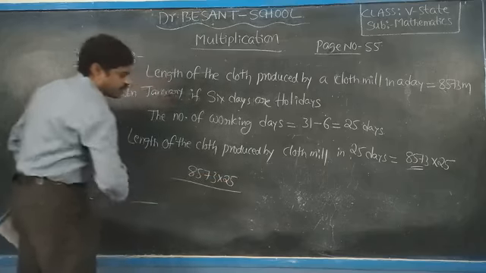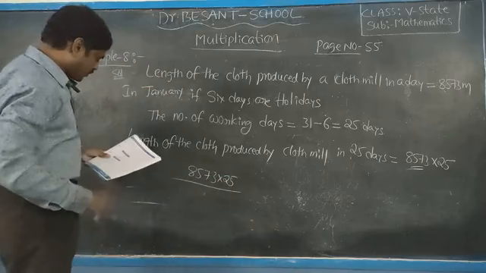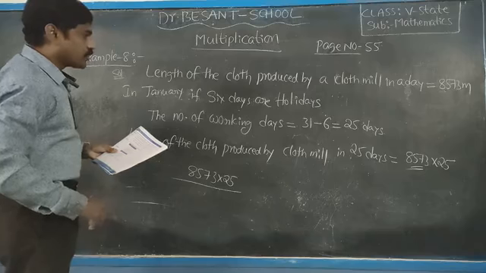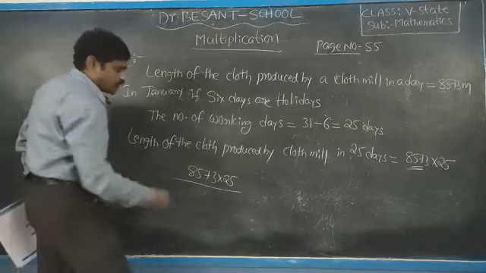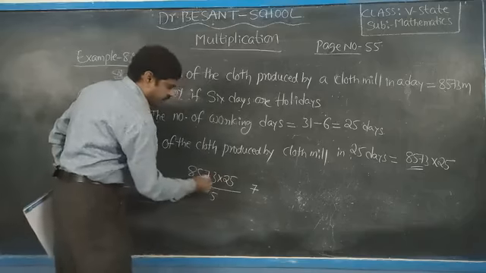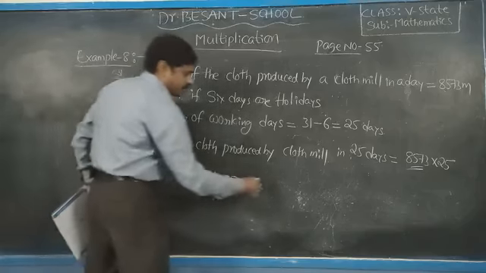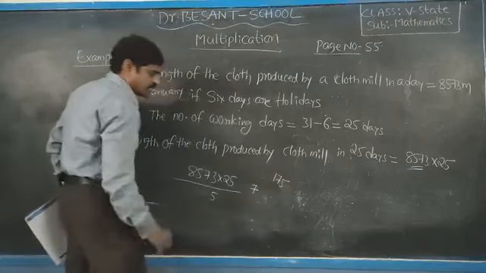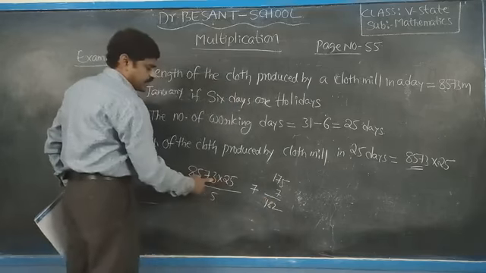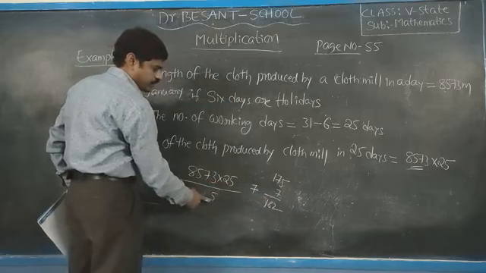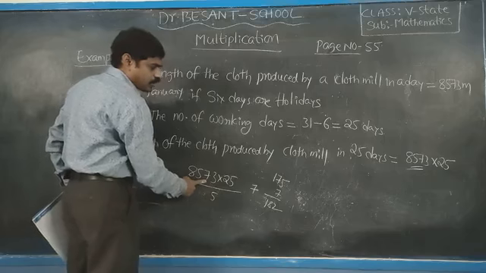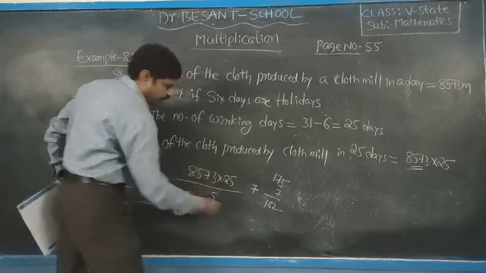8,573 into 25. Okay. 25 threes are 75, 7. 25 sevens are 175. 175 plus 7, 182.